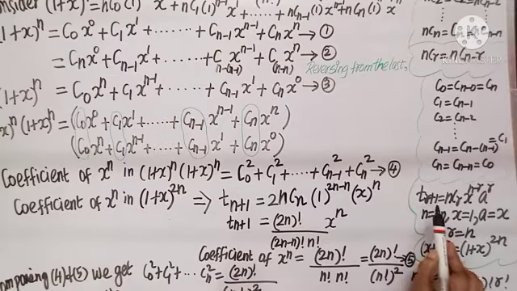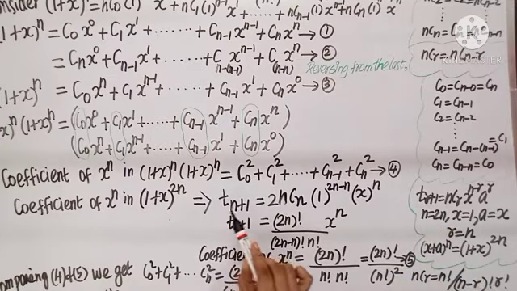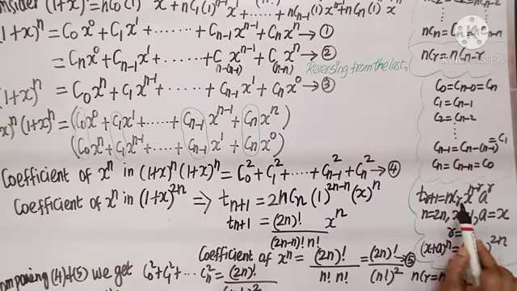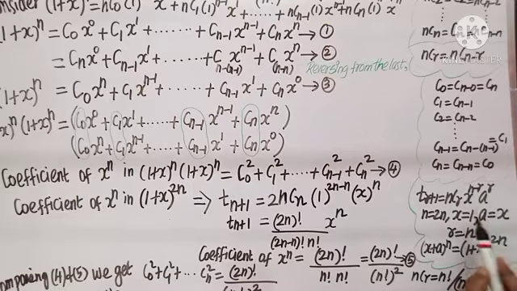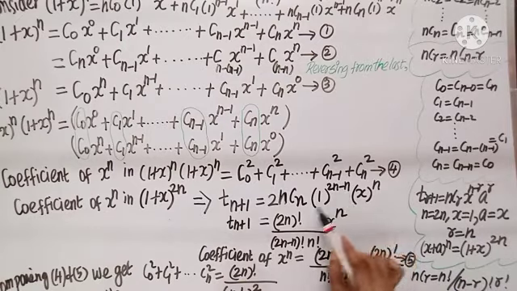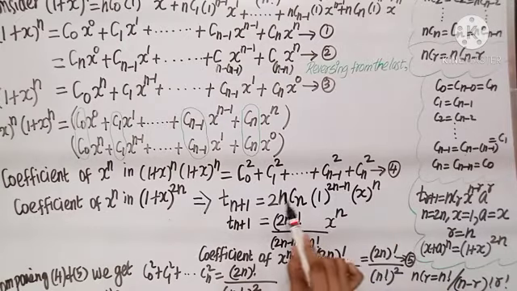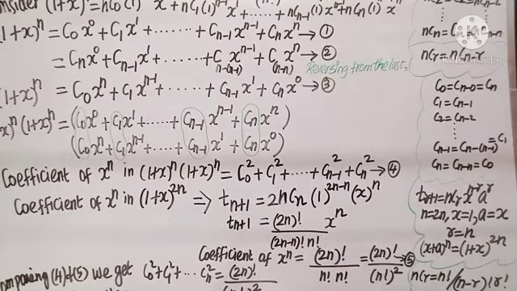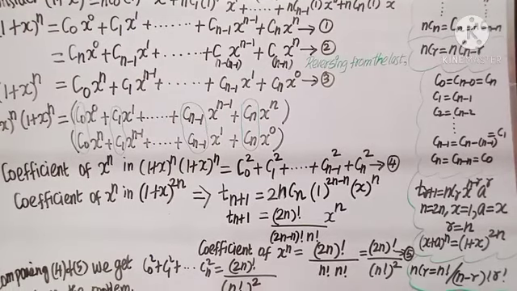So T(r+1) becomes T(n+1). nCr, 2nCn x^(n−r) 1 power 2n minus n a^r, that is x^n. 1 power any number, ignore. 2nCn, we apply the combination formula. What is the combination formula? nCr equals n factorial by (n minus r) factorial into r factorial.